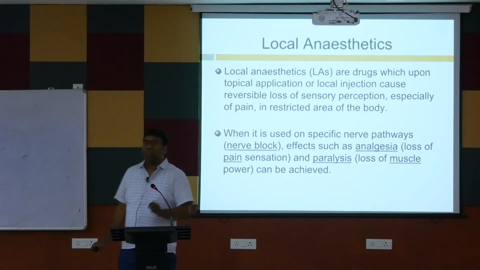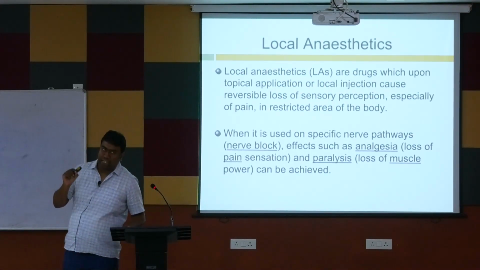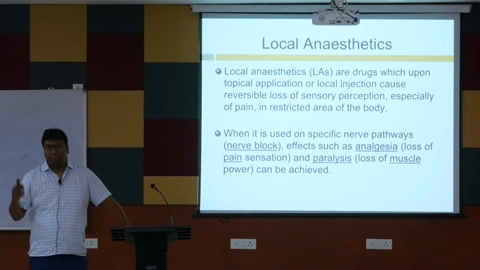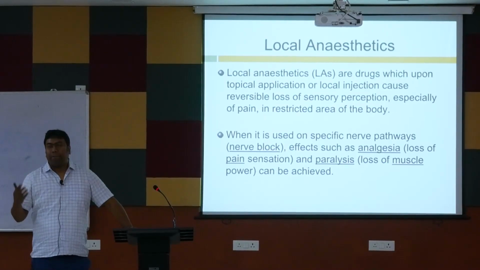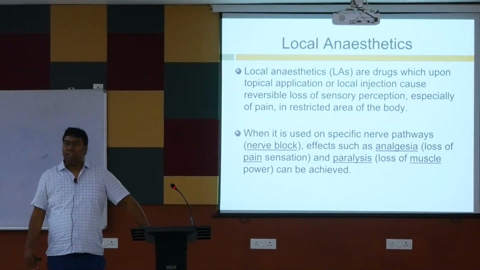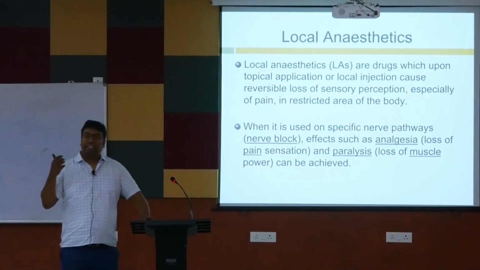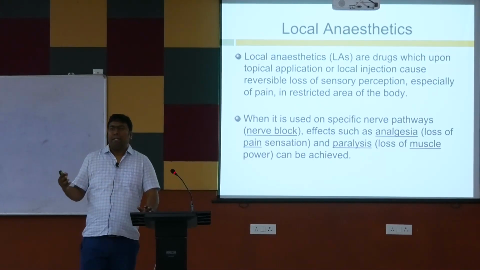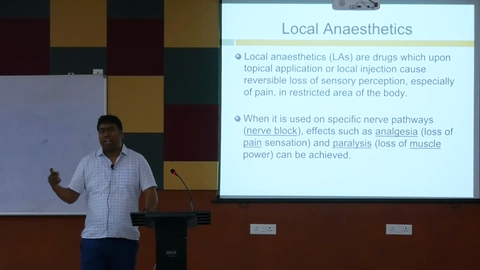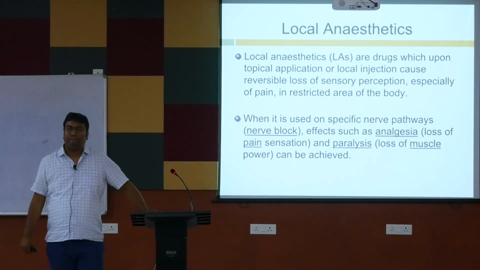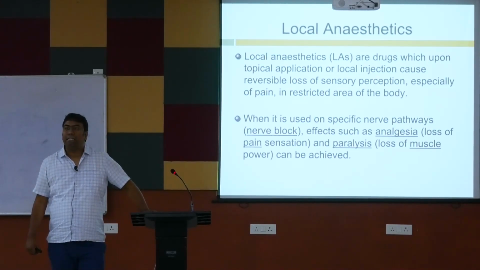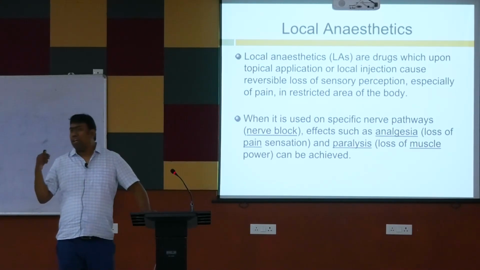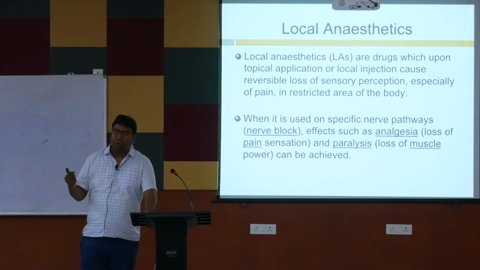Suppose the nerve is involved in both sensory as well as some muscles. Give an example of a nerve that has sensory innervation as well as some muscle innervation. Radial nerve, very good. So if we block this radial nerve, what happens?